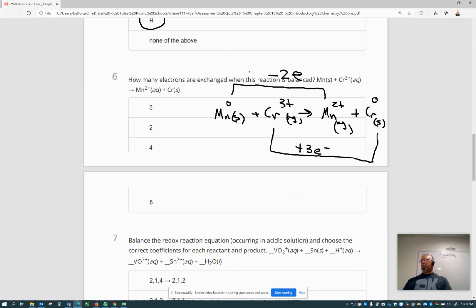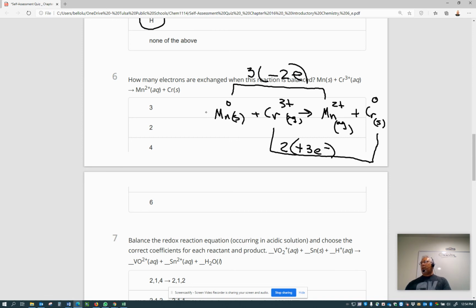In order to balance this equation, the number of electrons being released has to be equal to the number of electrons being gained. So I have to multiply manganese by 3 and chromium by 2, making 6 electrons in total being gained and released.